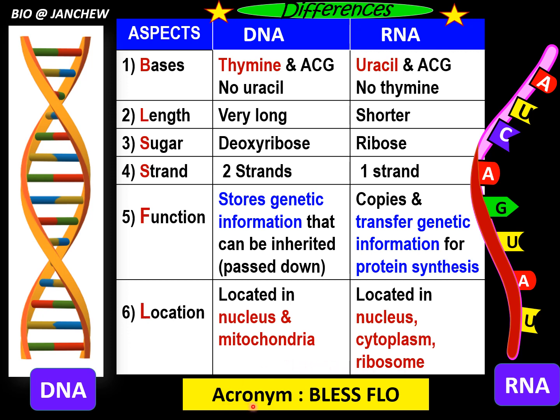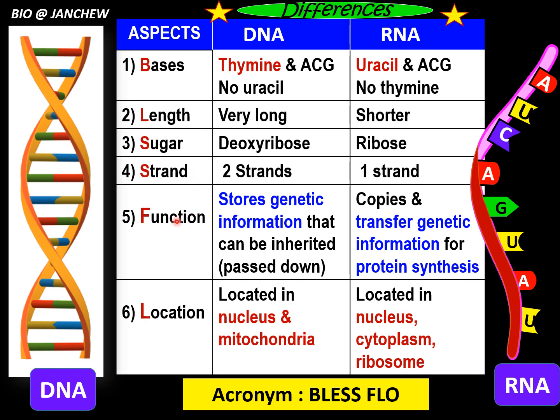Now, acronym. You can use this acronym to remember the various aspects for differences between RNA and DNA, and it's called BLAST FLO. Okay, let's see. Now the aspects are here. So B is for the bases, L is for the length, S is for sugar, and S is for strand, BLAST.